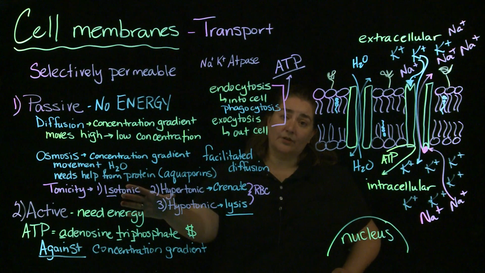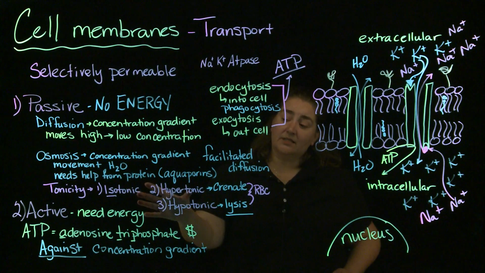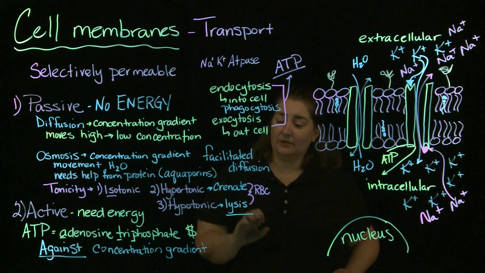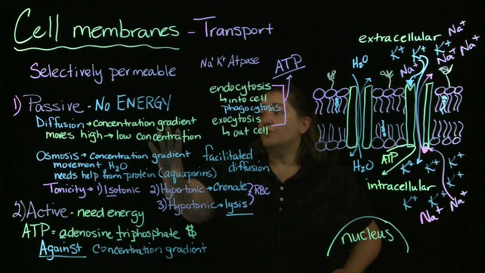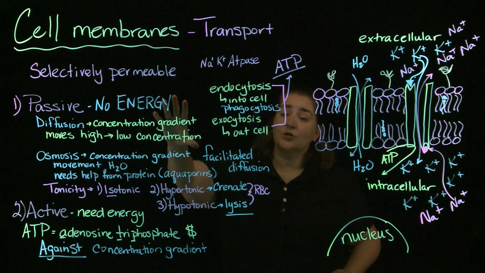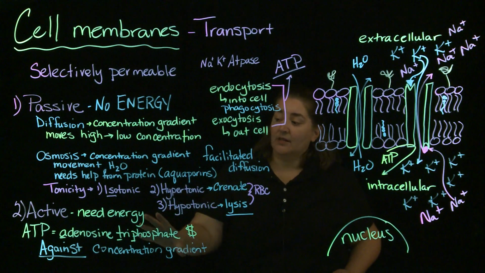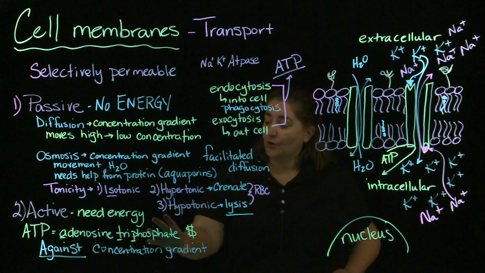And that water moving across the cell membrane is important because of the tonicity associated with the cell membrane, okay? So those are our passive types of transport. No ATP is required.